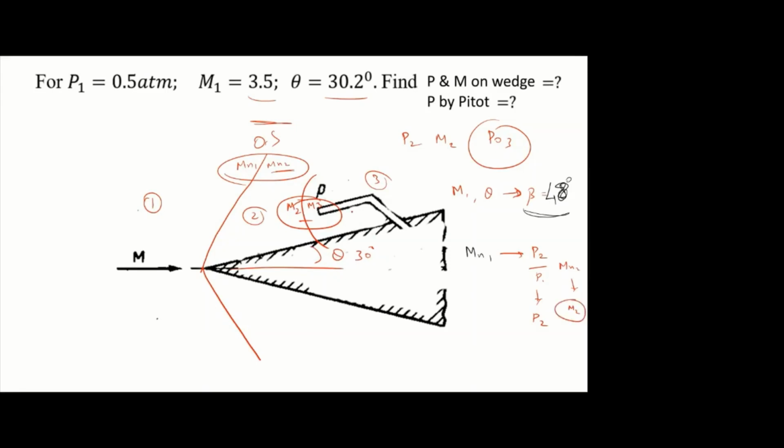So we know M2. Whatever procedure you are telling, it is correct. From M2 you can find M3, and also you can find P03 by P02. The next step: using the normal shock you are finding P03 by P02. How to find this P02?